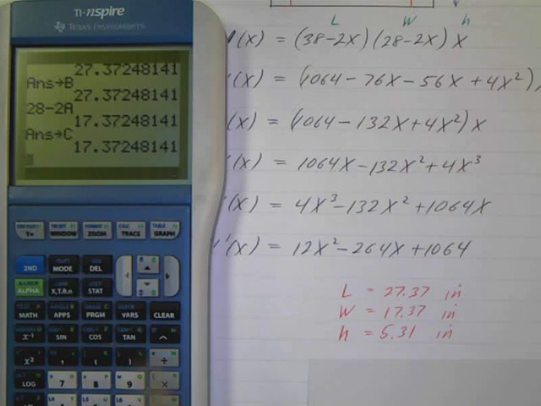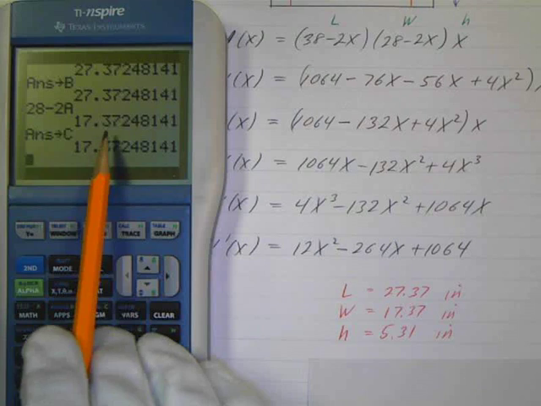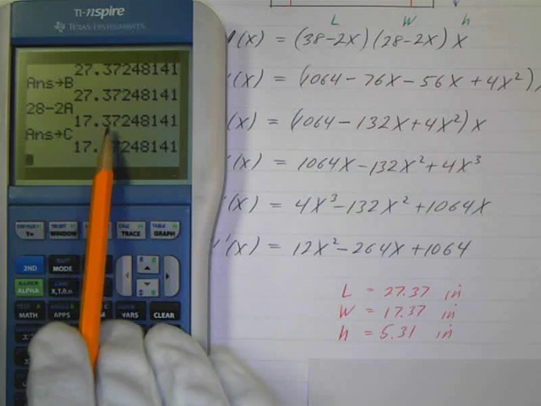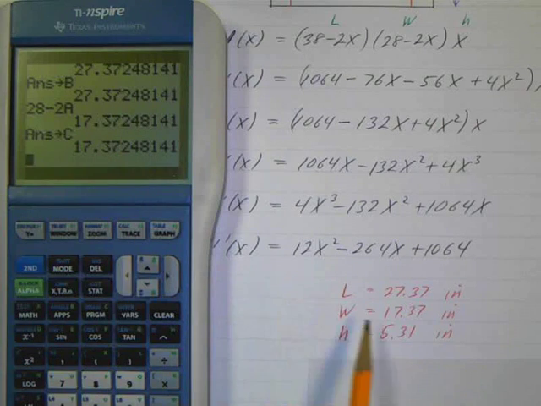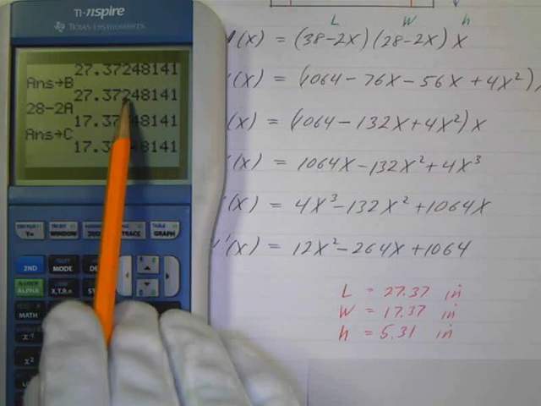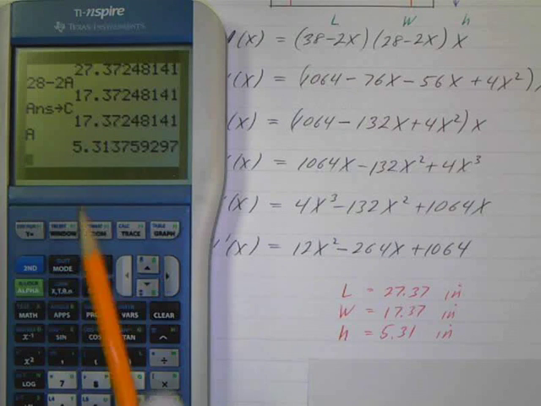And I round off, in each case, to 2 places. You can see this is 17.372, so 372 is less than 5. This is 27.372, 2 is less than 5. And then alpha A, that was 5.313, 3 is less than 5, so that's 5.31.